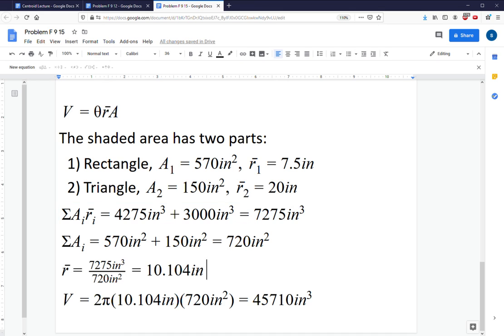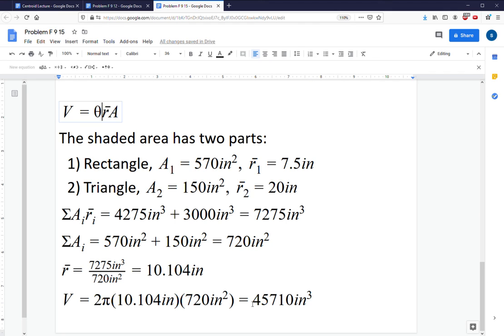So we can find the centroid of that gray figure as the weighted area divided by the total area, or 10.104 inches. And we can finally calculate the volume using this formula. Theta is 2 pi, r bar is 10.104 inches, and area is 720 square inches, or 45,710 cubic inches.